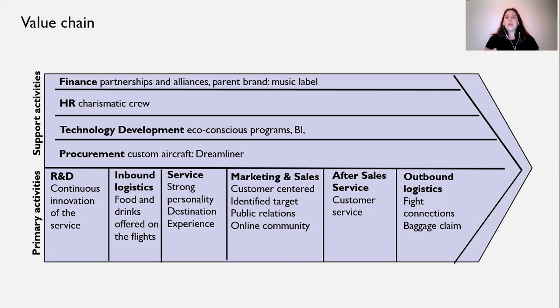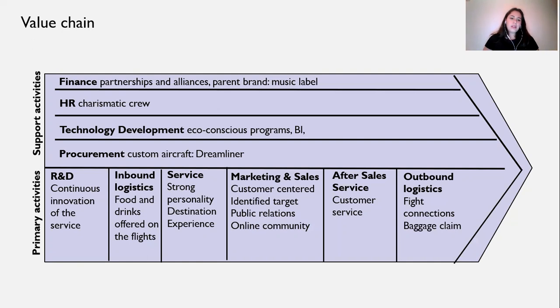Now they mention they want to be zero CO2 emissions, and they have programs for that, trying to jump into green systems. And also BI, because they have information about the purchases and the flights, and they can improve with this information from the customers in the database.